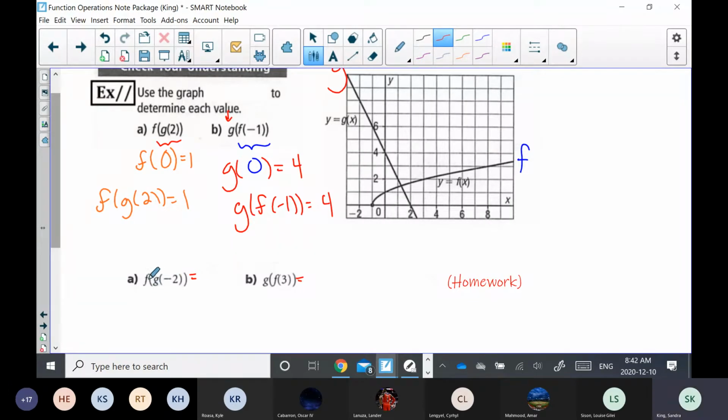Gabby, did you finish this first one here, evaluate this? No, I didn't get a chance to because I didn't think it was on the coordinate on the map, so I didn't know how to. Okay, so let's check. Let's do this one. Gabby, I'll get you to do this with me. So g of -2. Here's -2. The g graph is this guy. So what would be g of -2?